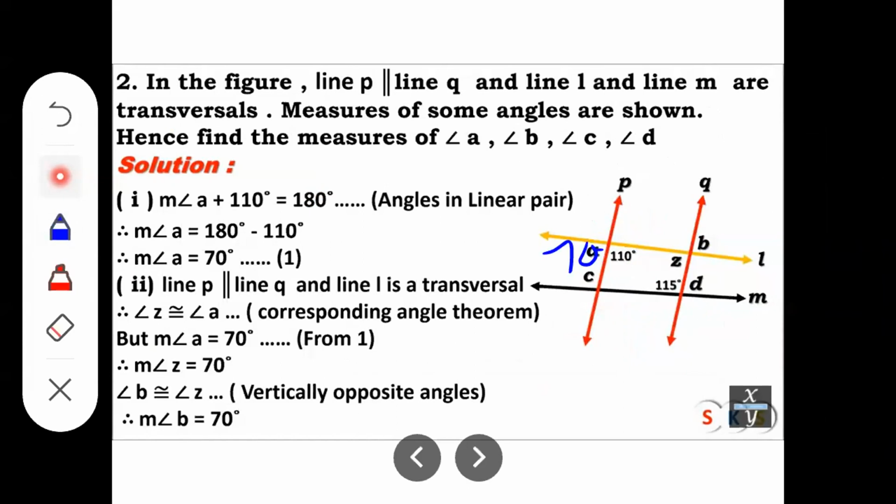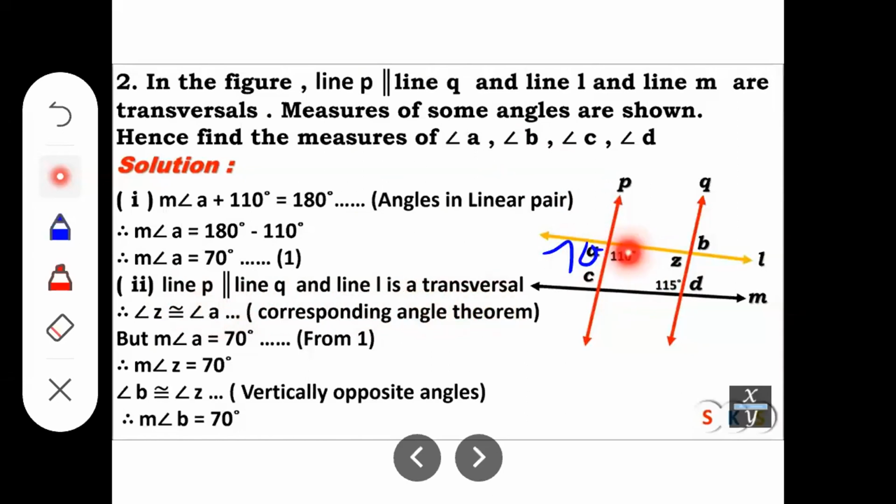We have to find the measurement of B, and for that, first we calculate the value of angle Z. A and Z are corresponding angles. So let's write it: line P is parallel to line Q and L is a transversal.